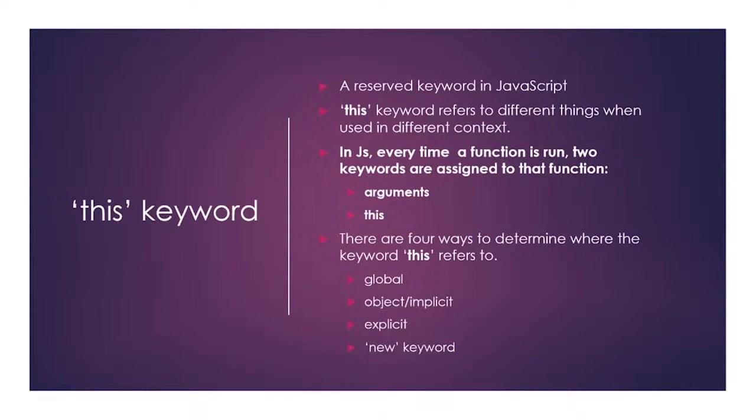The basics: in JavaScript, every time a function is run, it has two keywords assigned to that function. One is arguments and the other is this. There are four ways to define what this refers to. In this tutorial we're just going to look at global and object or implicit binding, and in the next one we'll see explicit binding and the new keyword.